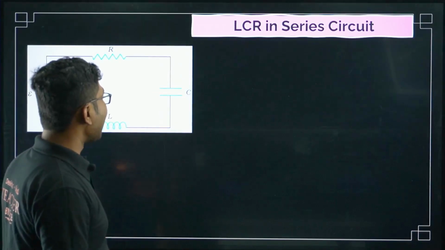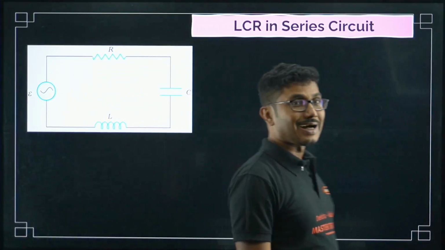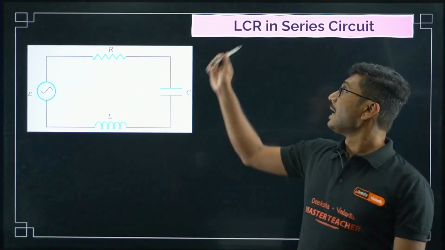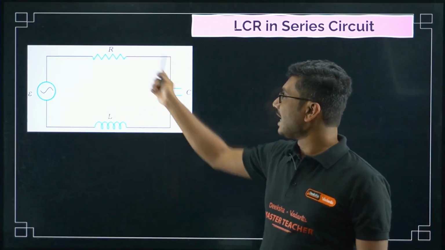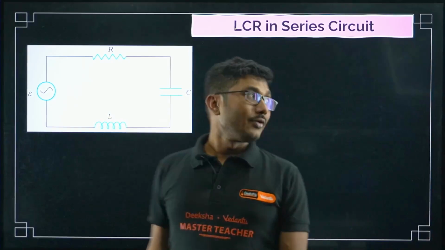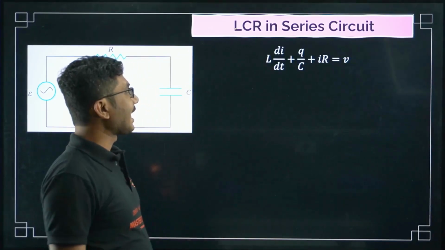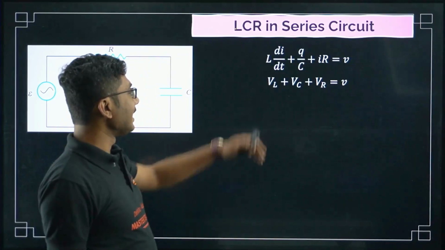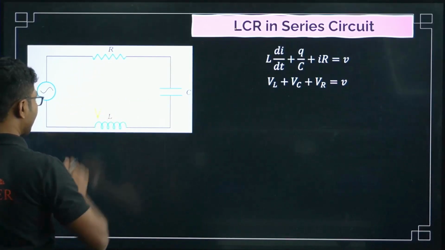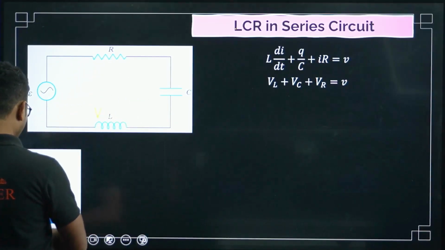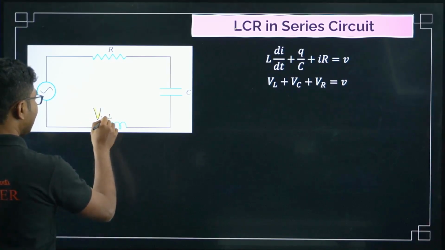Now we will talk about the LCR circuit, the most important. LCR connected in series. First of all you have to realize that whatever the voltage drop, the magnitudes are there but the sign will not be the same.